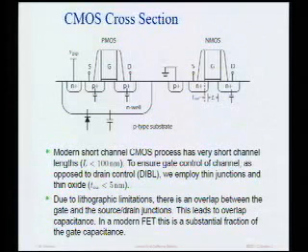Okay, big deal. No, it is a big deal. That's that Miller capacitance, which we hate, which we try to reduce. And what's happened is we've made the channel length shorter and shorter, that overlap region has become a larger and larger fraction of the overall channel length. That means that the overlap capacitance, or the Miller capacitance, has gotten to be more and more important, and we'll study that in this course.